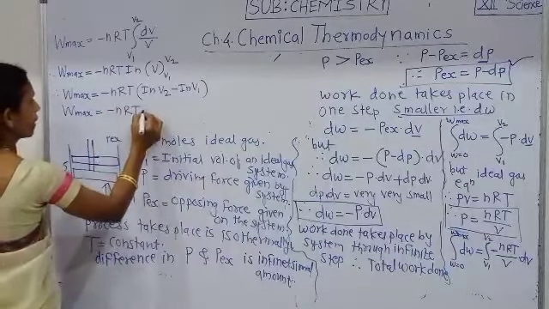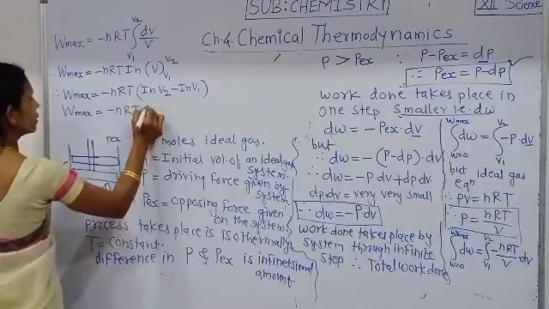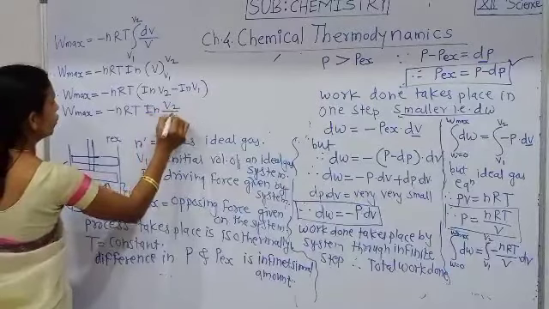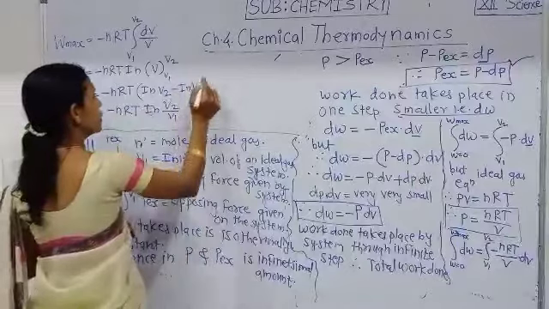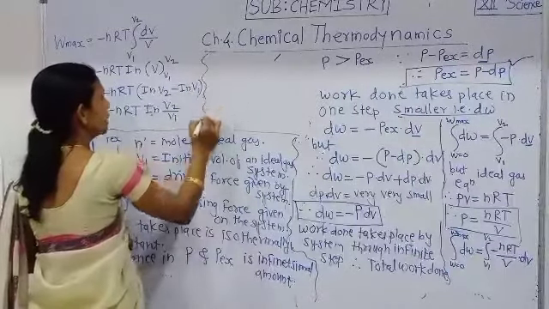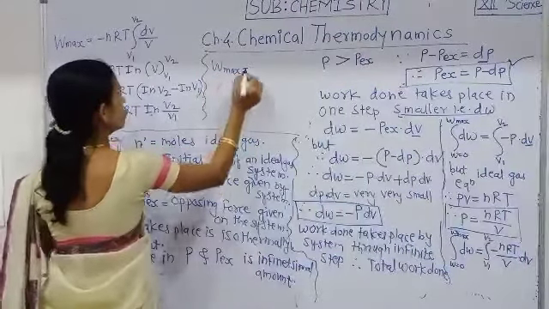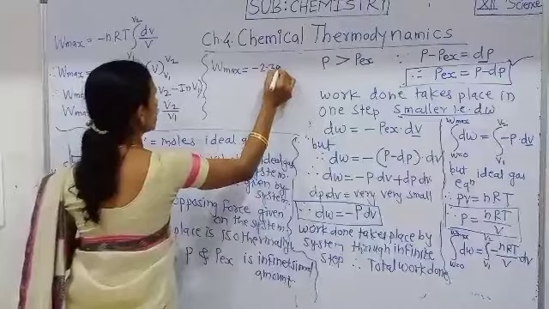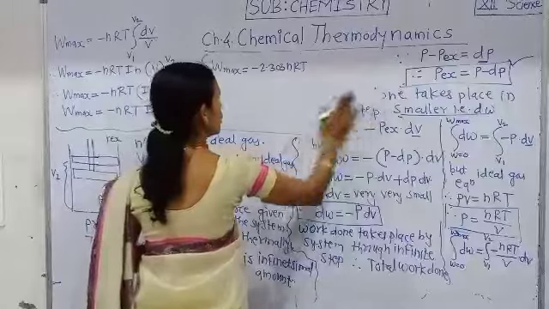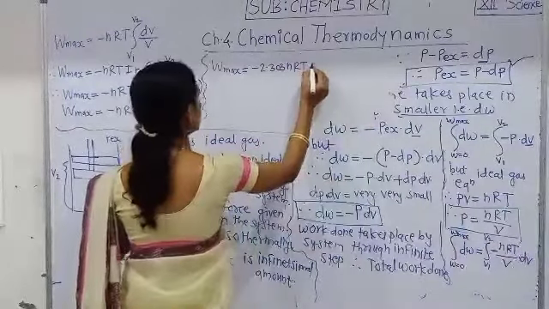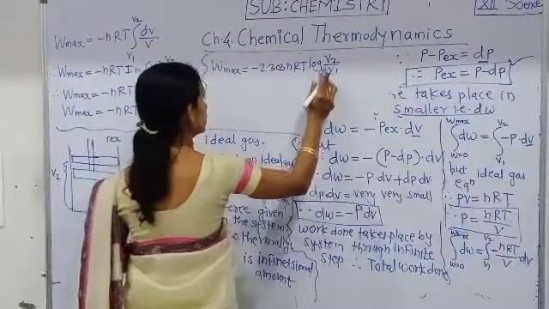and therefore W max is equal to minus nRT ln of V2 upon V1, and the same equation can be converted into W max is equal to minus 2.303 nRT log of V2 upon V1 to the base 10.